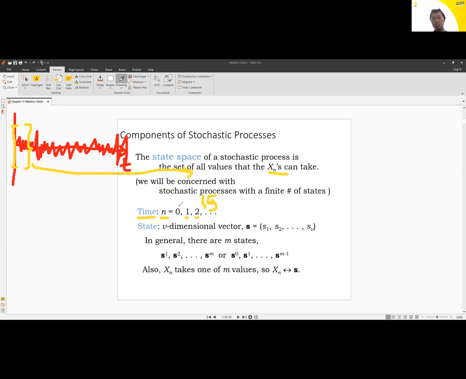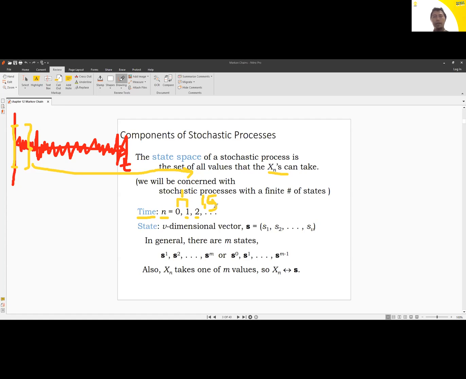In this case, the spacing between points is 1. The difference is 1, and 1, and 1, something like that. This is a discrete time.